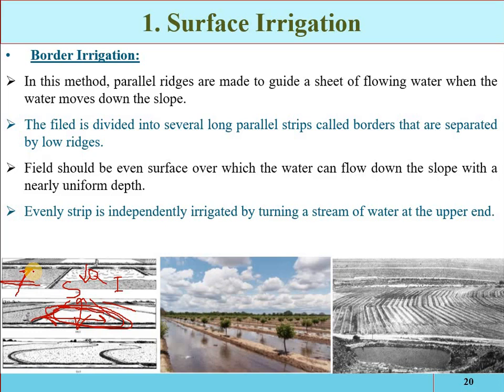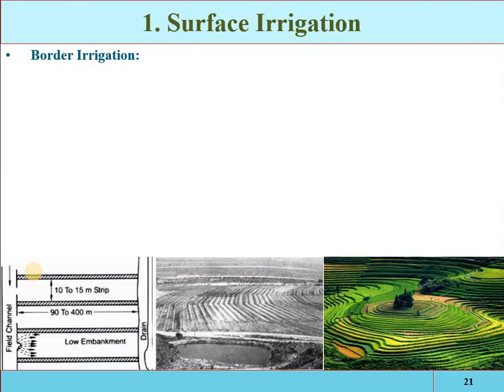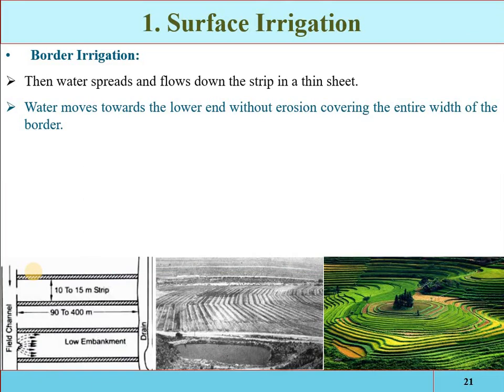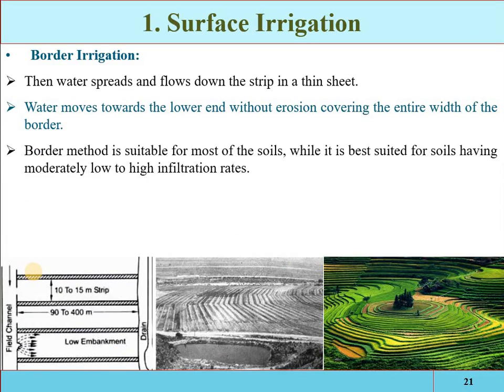Some discharge will be introduced at the upper end of the border, and then the water will move from the upstream to the downstream. Water spreads and flows down the strips. Water moves towards the lower end without erosion, covering the entire width of the border. As we have discussed, if a proper discharge per unit width, proper time of cutoff and proper length of the border are selected, then erosion will be avoided.